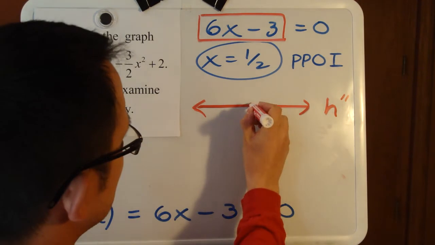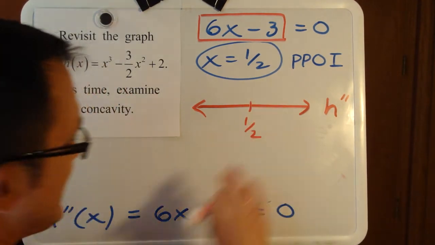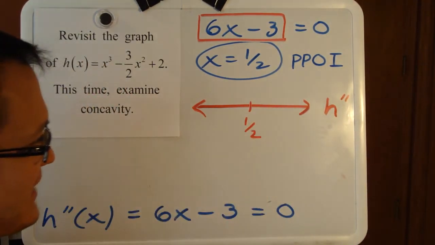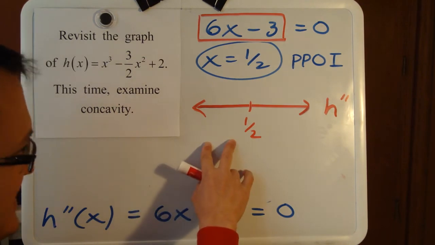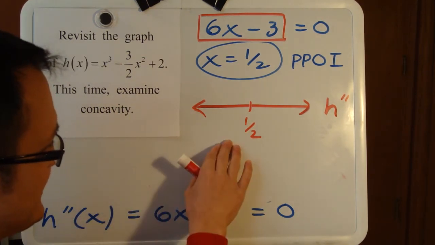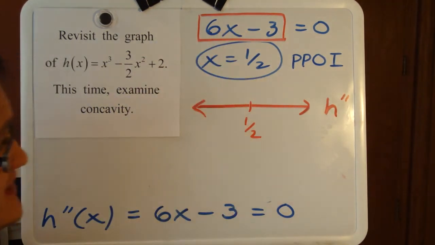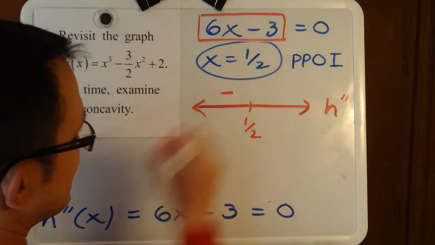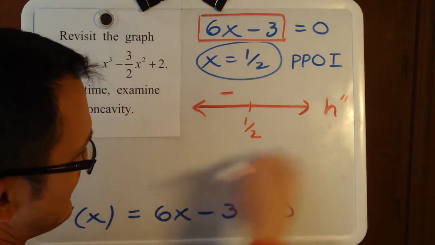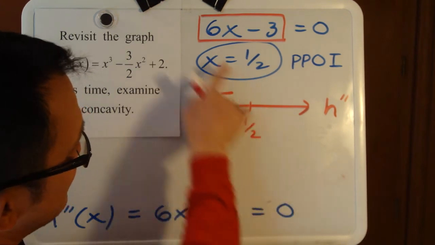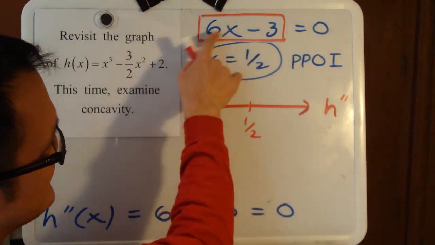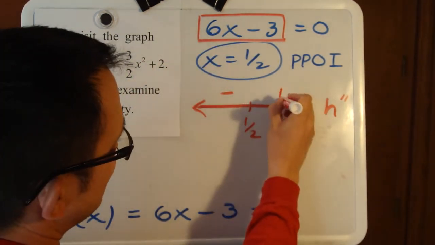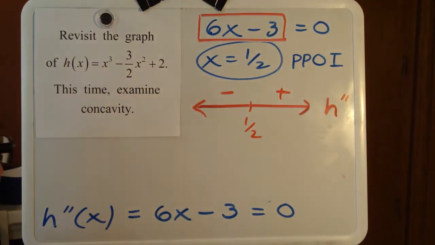So 1/2 is going to be like our partition number, and we're going to check both sides of 1/2. On the left-hand side of 1/2, a good number to check would be 0. If you plug 0 into 6x minus 3, it is a negative number. Anything to the right of 1/2, like the number 10, gives you 60 minus 3. That's very positive. So it's a very nice test.